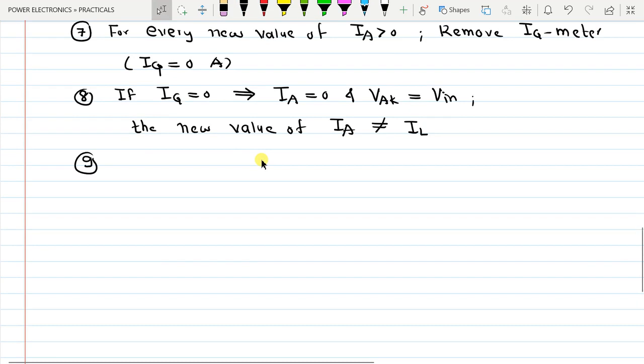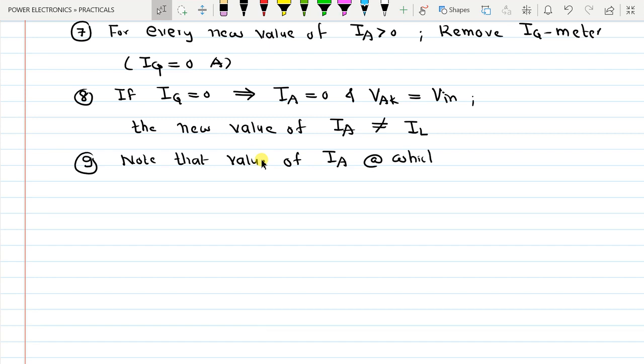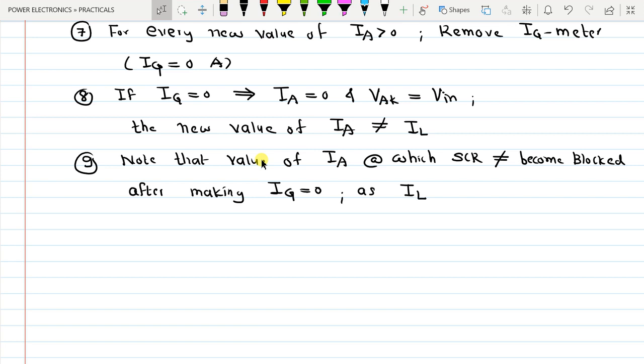The last step in this is that you note that value of IA at which SCR does not become blocked after making Ig equal to 0 as latching current.